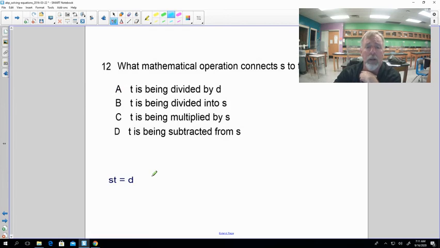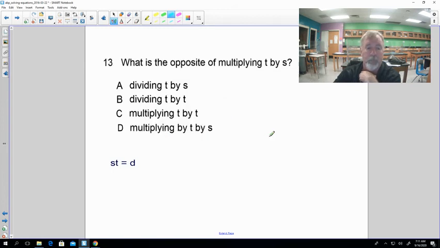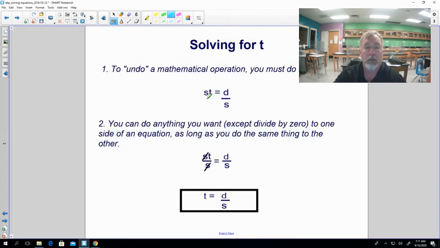How are s and t connected mathematically? t is being multiplied by s. What's the opposite of multiplying t by s? Hopefully it makes sense here: dividing t by s. That's what we're looking for. So now we know what our operation is going to be.